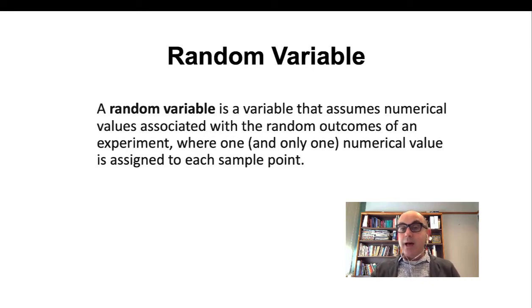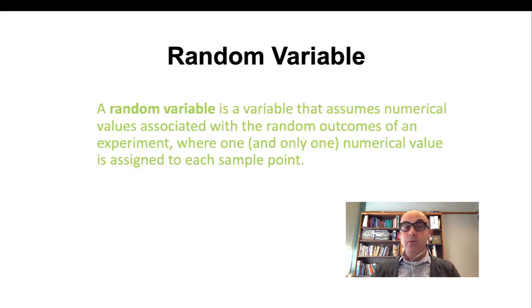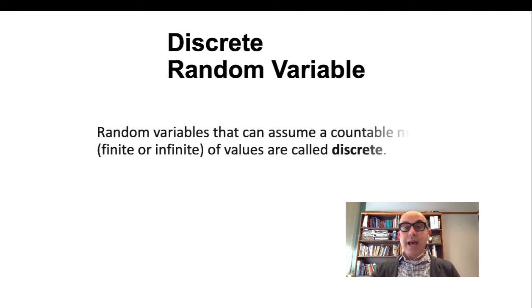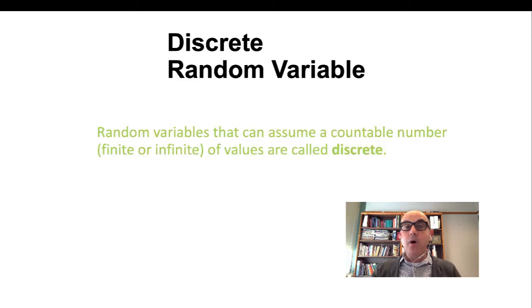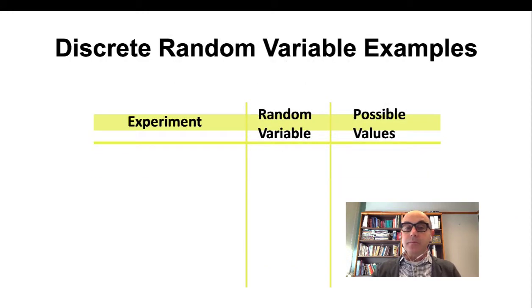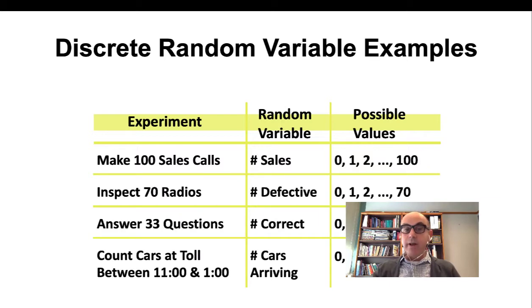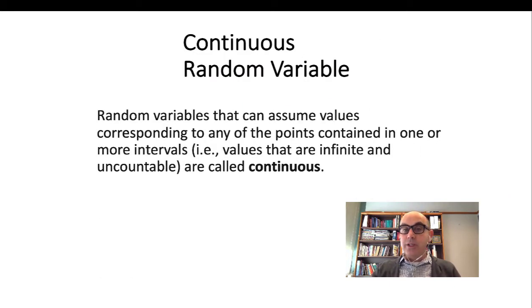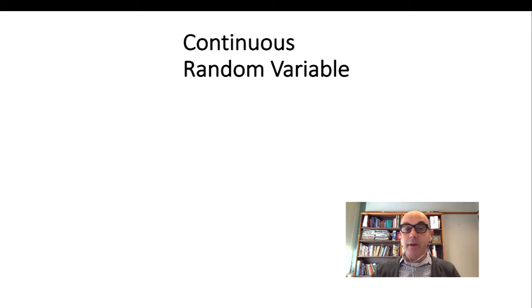So it is the numerical value that is assigned to each sample point. So the idea here, we have two types: discrete random variable and how it looks like. And we also have, sorry about that, continuous random variable.